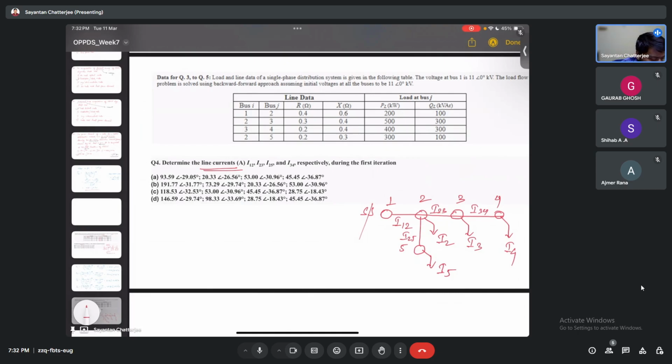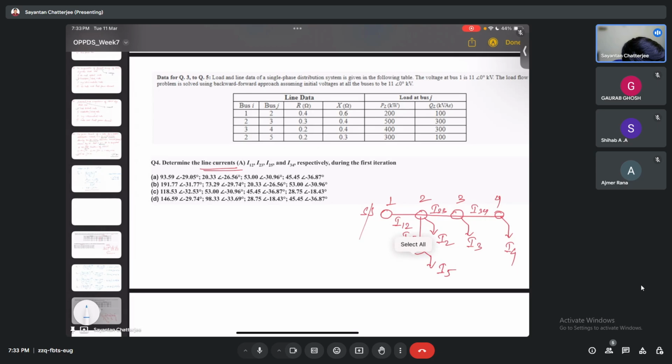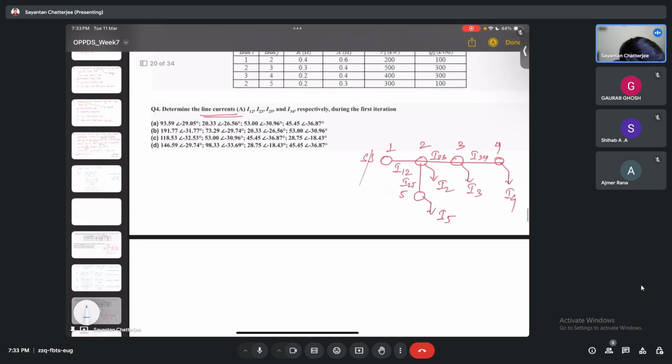Please just find any one value and match so that we can assure the answer and then move on to the next question, because the remaining part would also match accordingly for all four options. So what will be I12? Just say it in the notation form. What will be I12 from the circuit as shown?